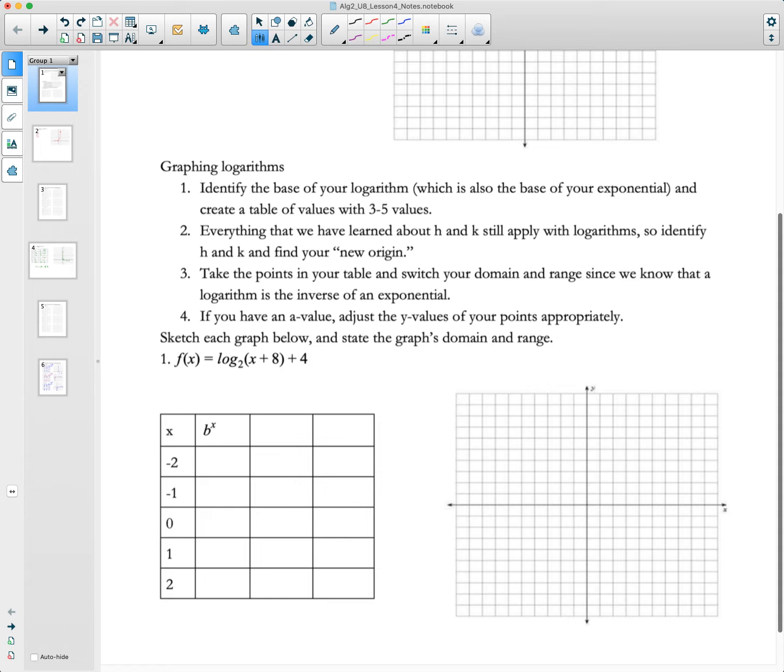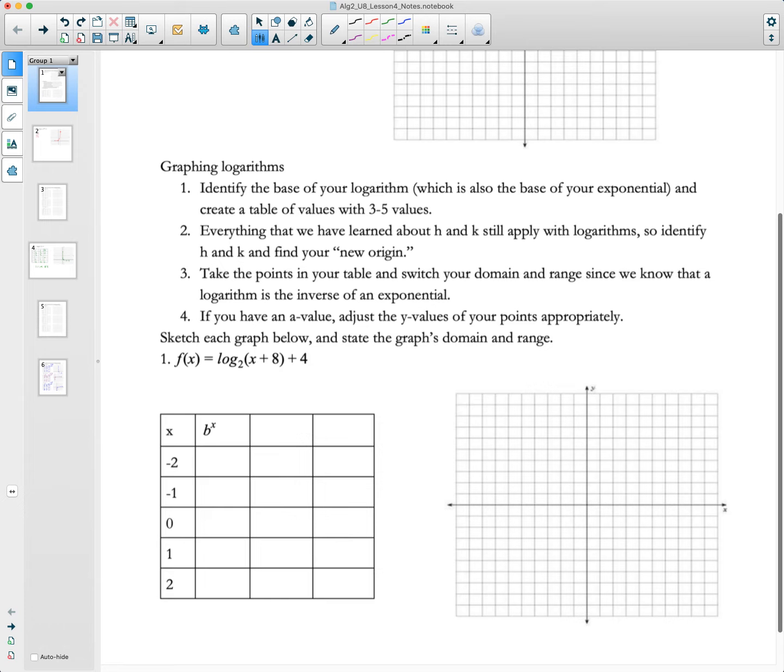And then we need to graph those points from our new origin. So once again, we're going to find our new origin by doing our horizontal shift, by doing our vertical shift, and drawing our horizontal line in and our dashed vertical line in to represent that. And then we'll apply that a value, just like what we did when we were graphing our exponentials a couple of lessons ago.